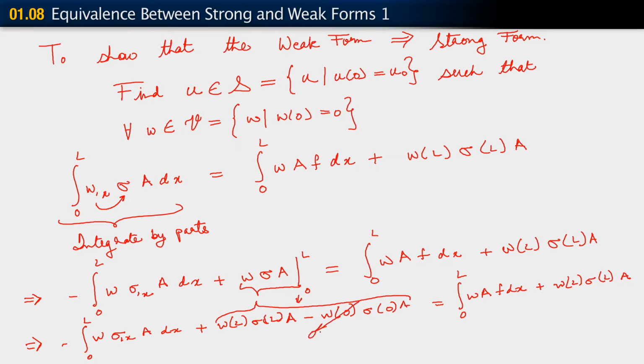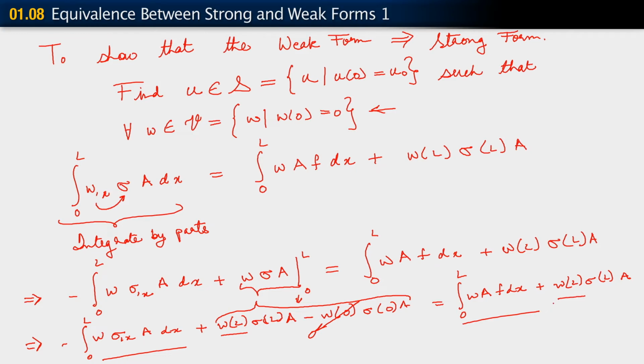And that is so because W does indeed belong to the space V, and we have that homogeneous Dirichlet boundary condition upon it. So that last term disappears. And what I'm going to do now is to essentially combine what remains into integrals, here and there, and terms multiplying W of L here and there.